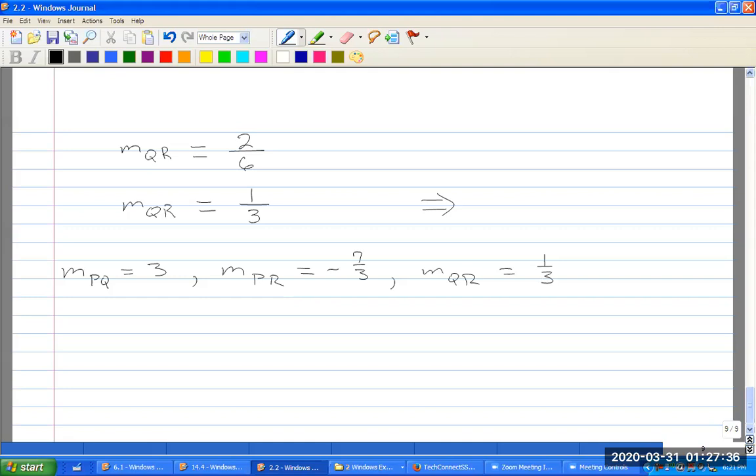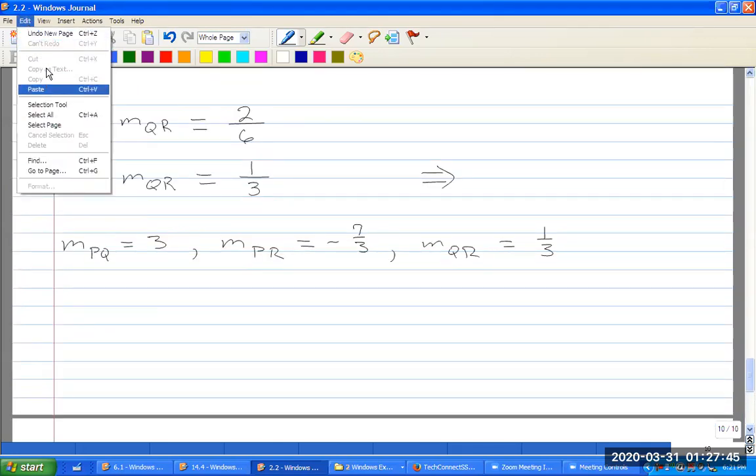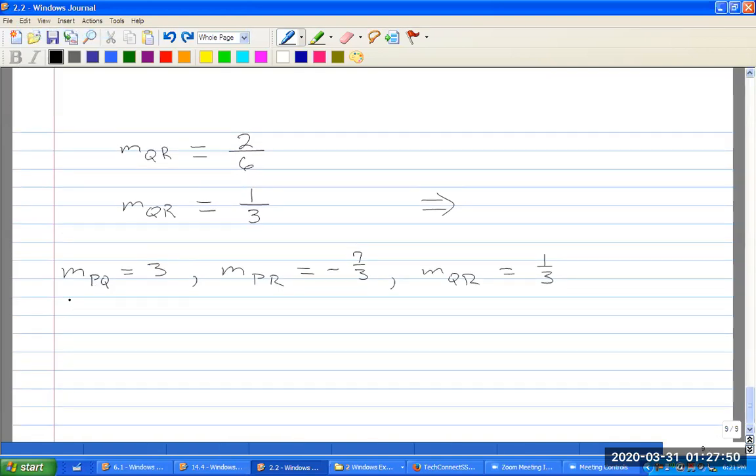Well, no line is perpendicular, because none of the products of two of these three numbers is -1.